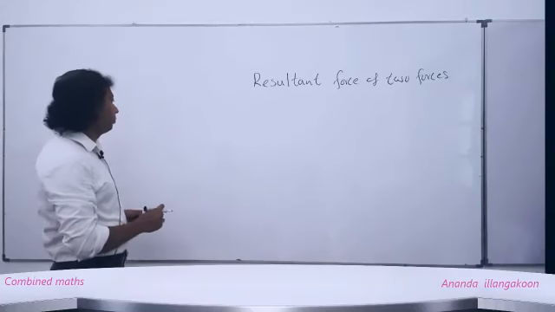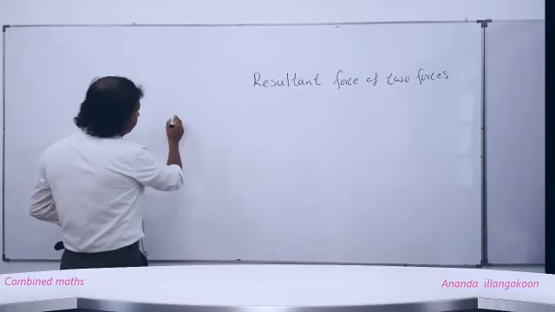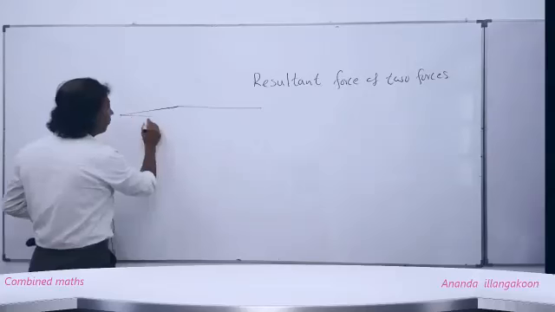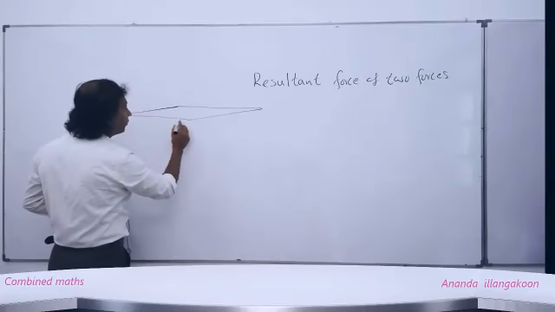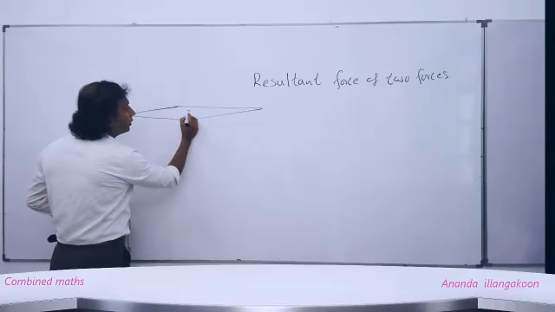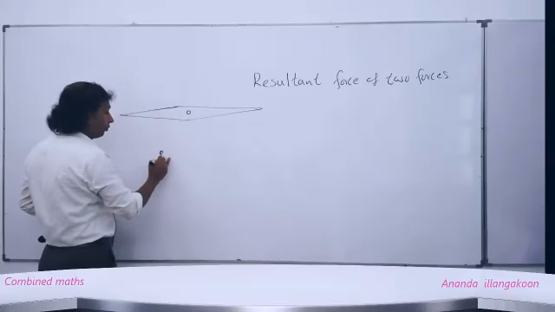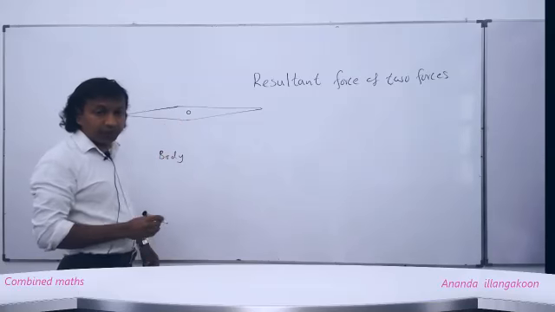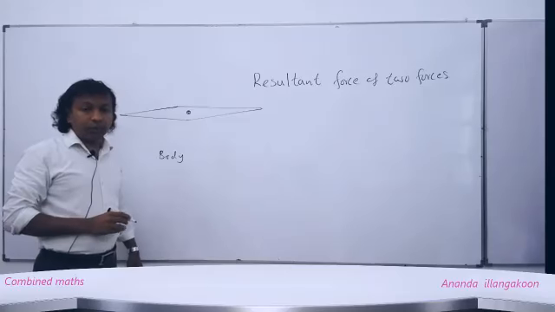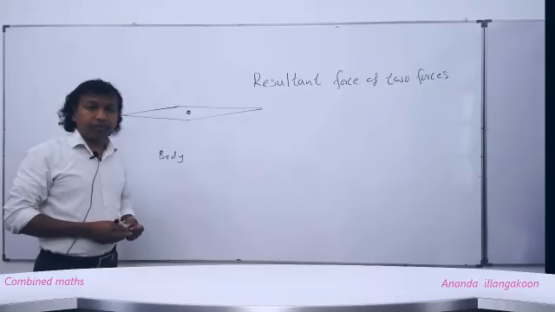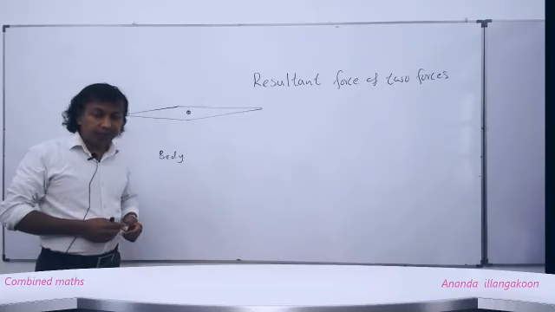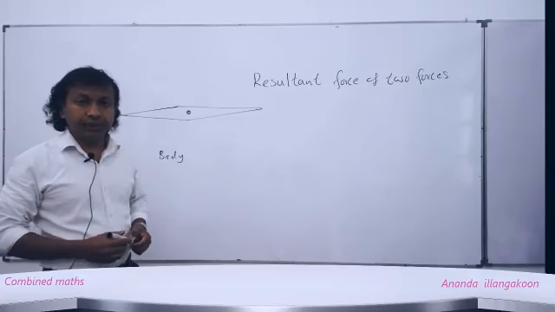Now, suppose on a horizontal plane like this, there is a small body. On this body, people, we apply two forces which are perpendicular to each other.